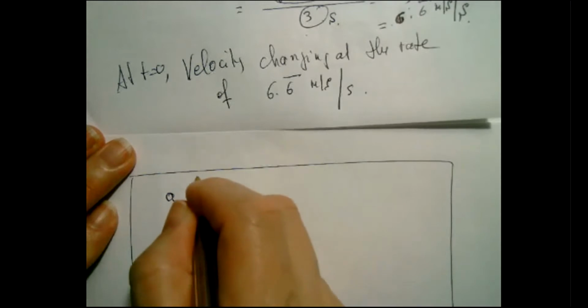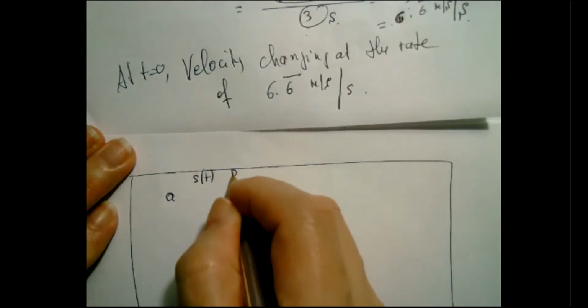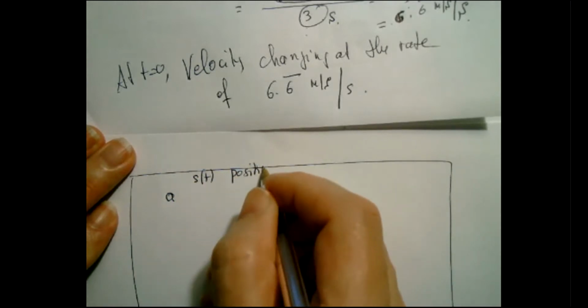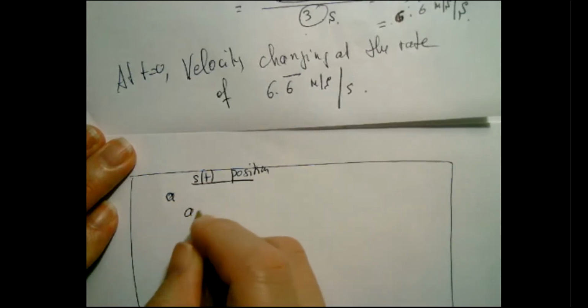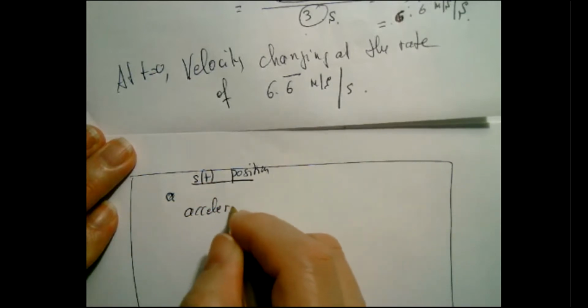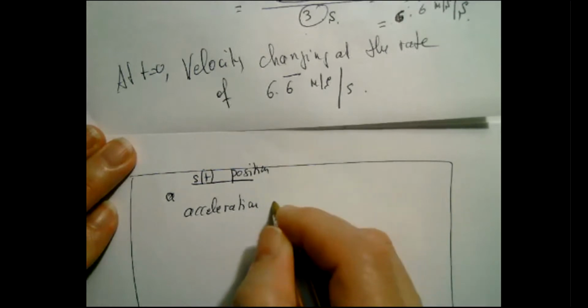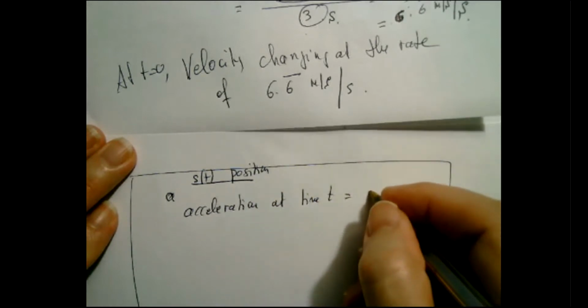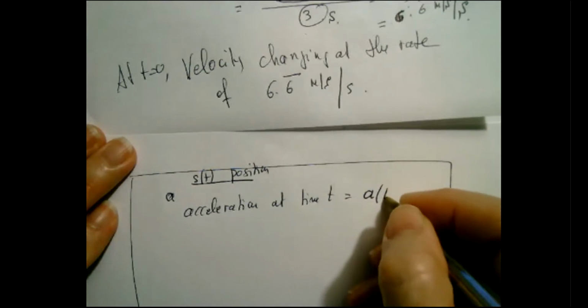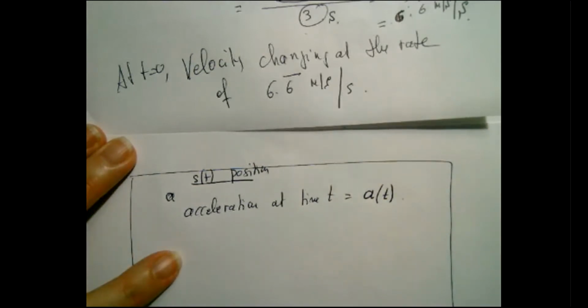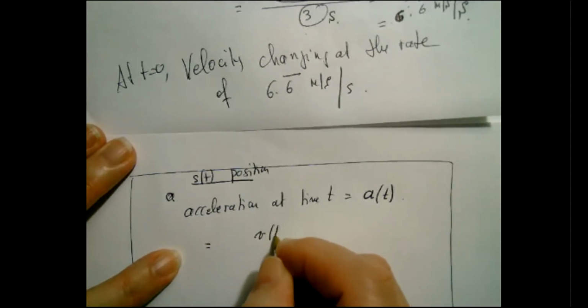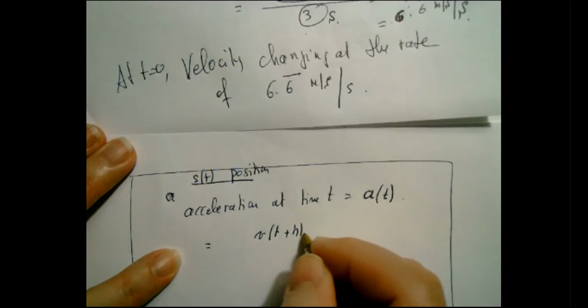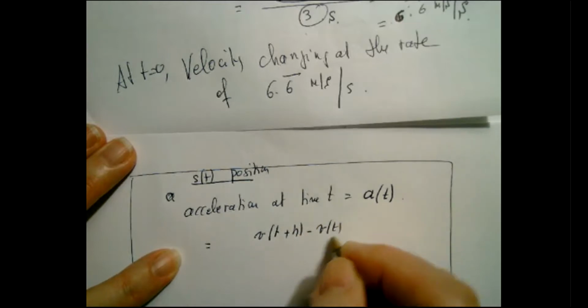So suppose s of t is a position function, then the acceleration is the change of the velocity at time t, which we usually denote by a of t. A of t is defined to be the change of the velocity over the change in time.